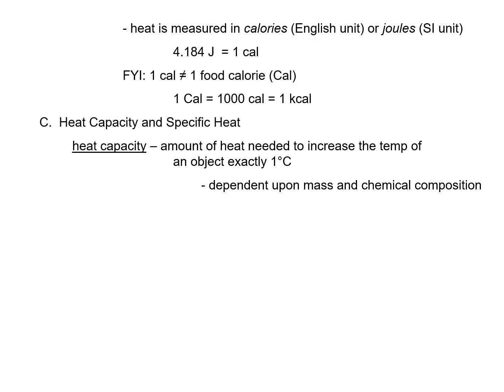So it turns out that this is not the most useful way of thinking about heat. Right? So again, heat capacity is heat divided by temperature. So heat is calories or joules divided by temperature, which is usually degrees Celsius. Could be Kelvin, right?